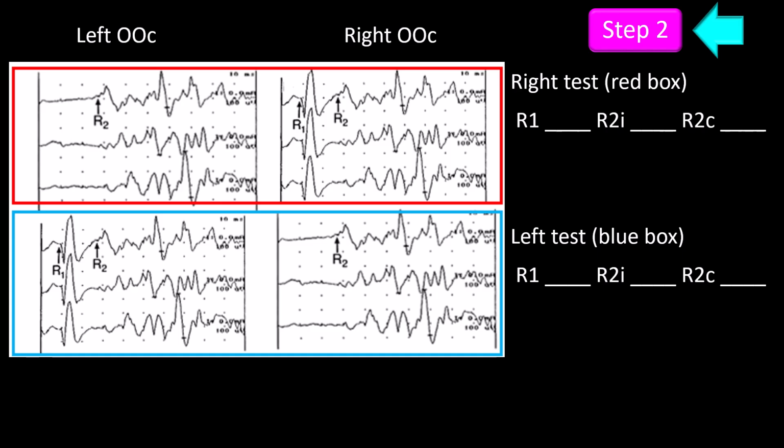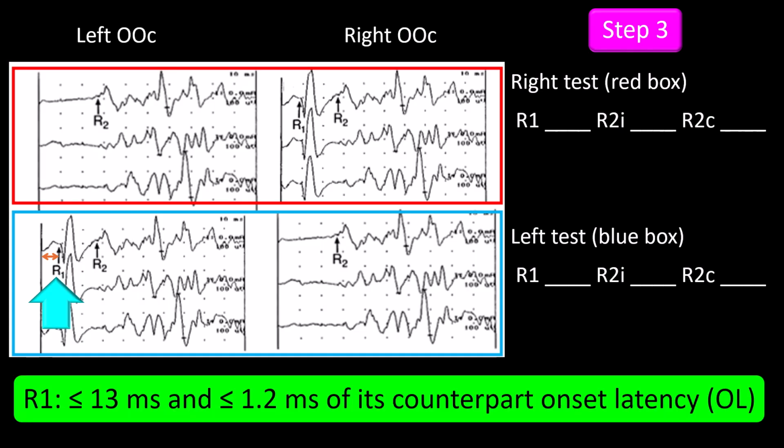Step 2 is to determine the scale used for wave representation. As you can see, each horizontal division is 10 milliseconds and each vertical division 100 microvolts. Step 3 consists of interpreting R1 responses. I start with the left test, looking at the left R1, onset latency, and decide if normal or abnormal. I have now introduced the normal values for R1.